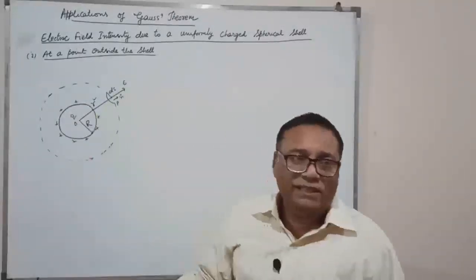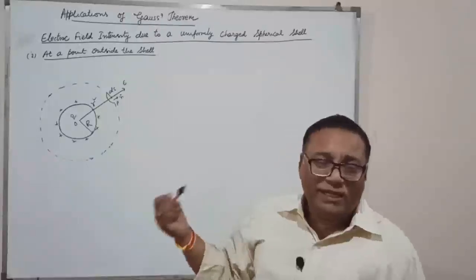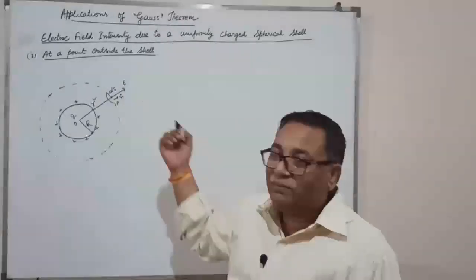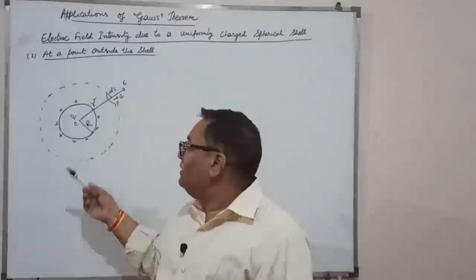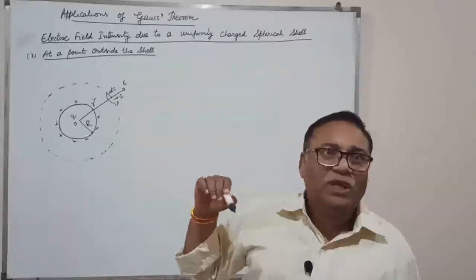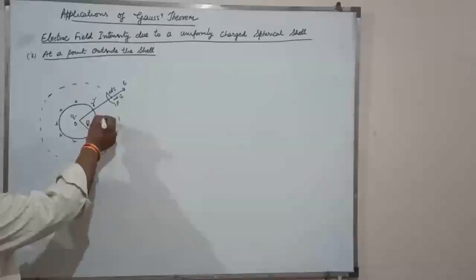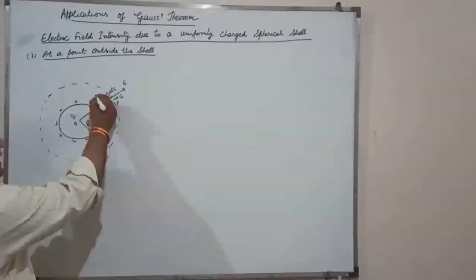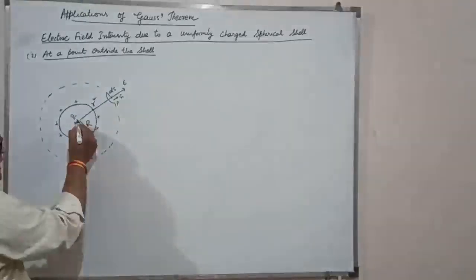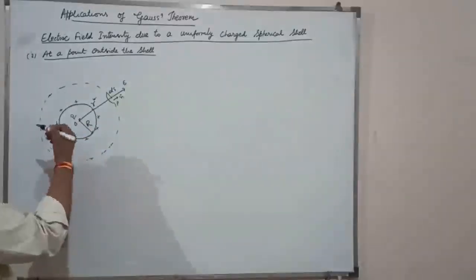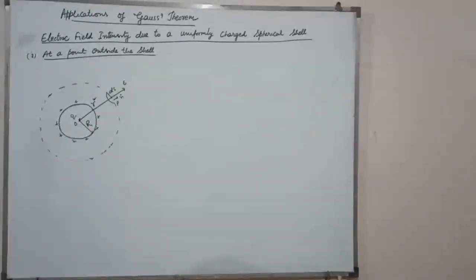So we consider a hypothetical surface for that purpose. Let us consider a spherical Gaussian surface having radius r at the same center as the spherical shell.